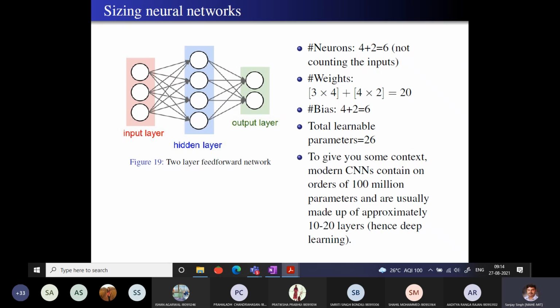To give some context, a modern CNN contains on the order of 100 million parameters. You can imagine 100 million parameters, usually made up of approximately 10 to 20 layers, and each layer will have hundreds of neurons. That's why it is so complex and takes a lot of time to compute, and that's why people look for GPU based systems to train the neural network.